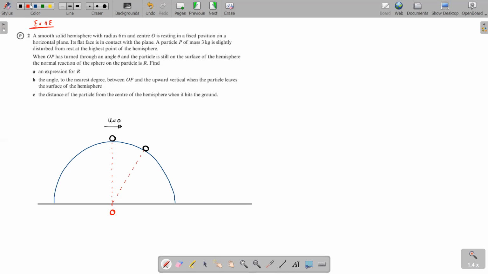The angle turned is theta. When OP has turned through an angle theta and the particle is still on the surface of the hemisphere, the normal reaction of the sphere on the particle is R.